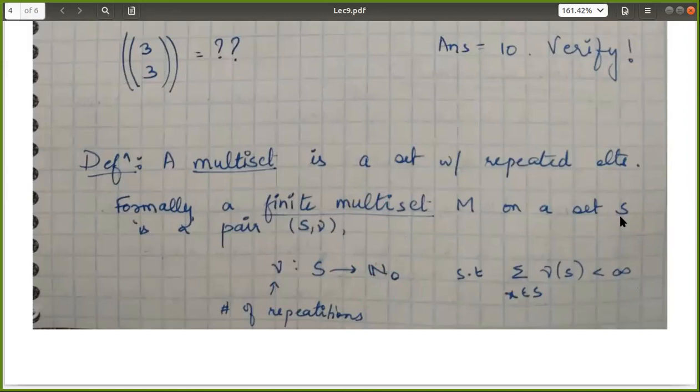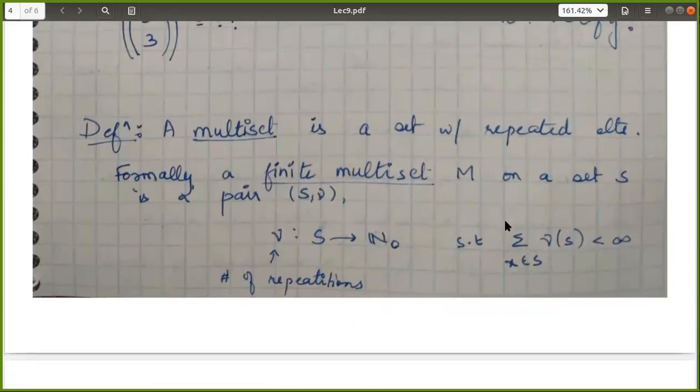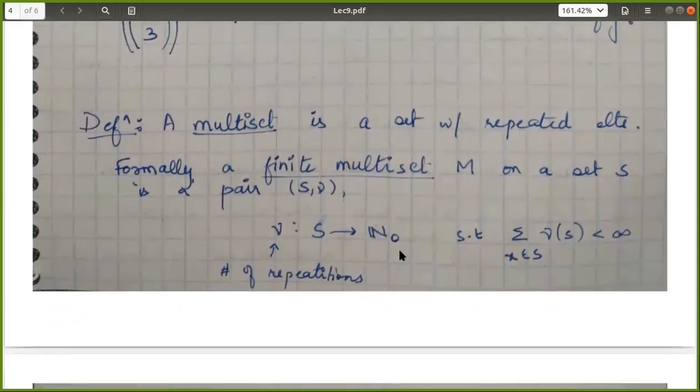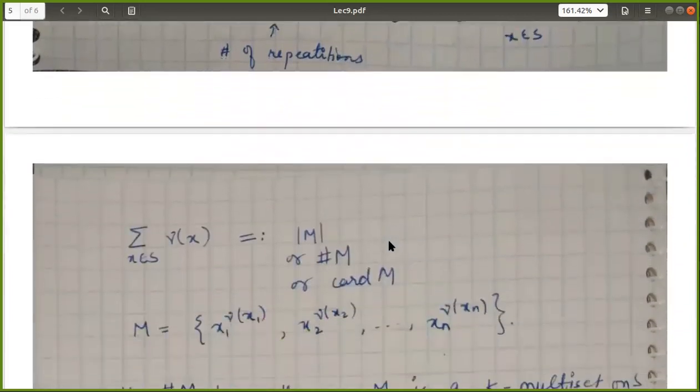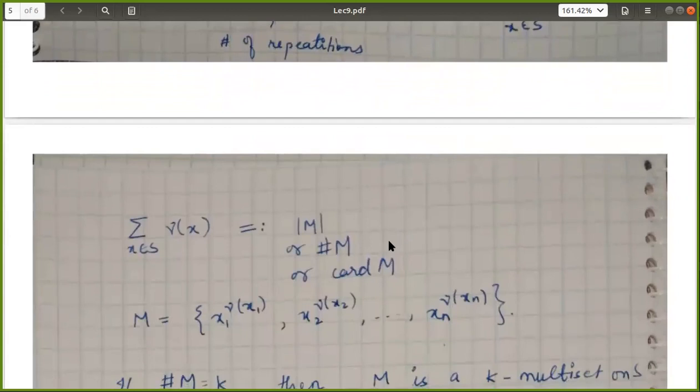Even if you take S to be finite, for calculation purposes it's better to keep this in mind so that you don't have to worry about it. We already know all this, but just for safety.